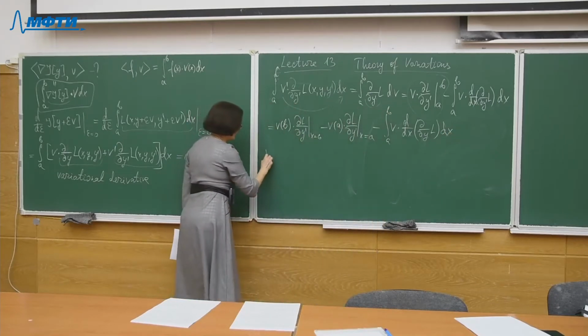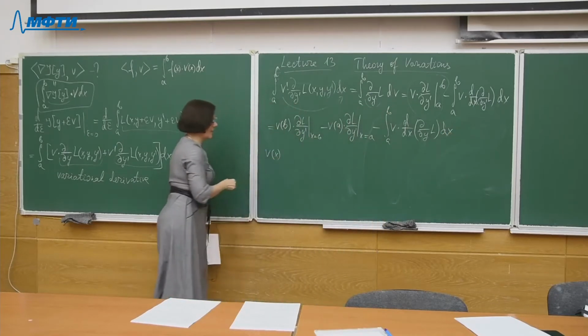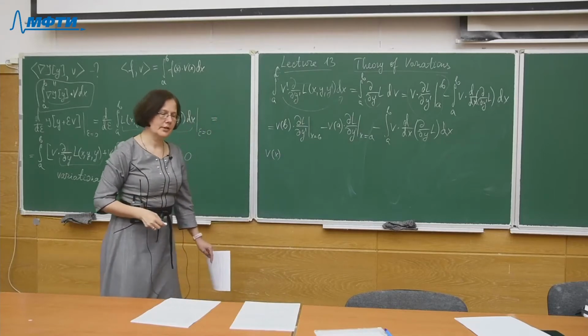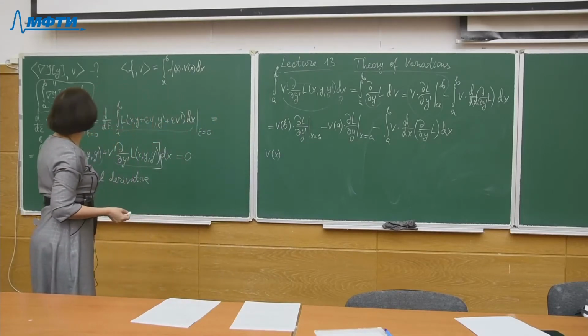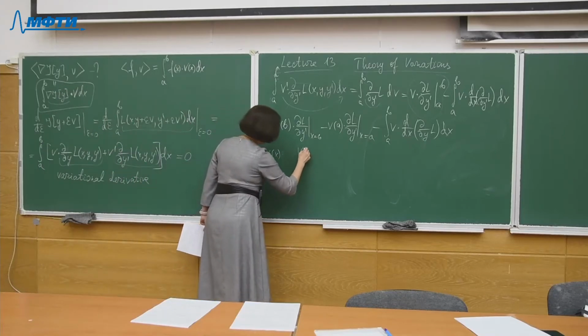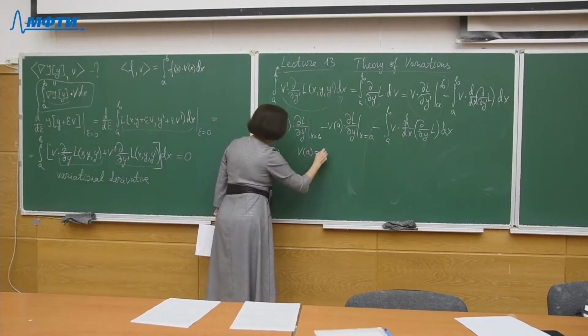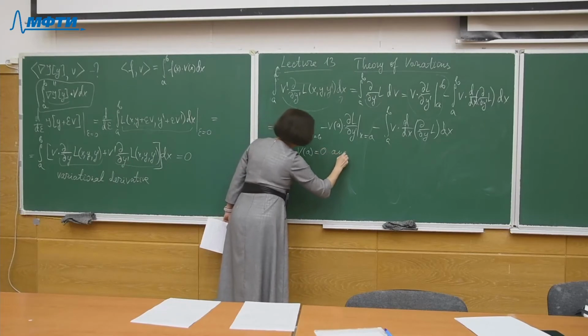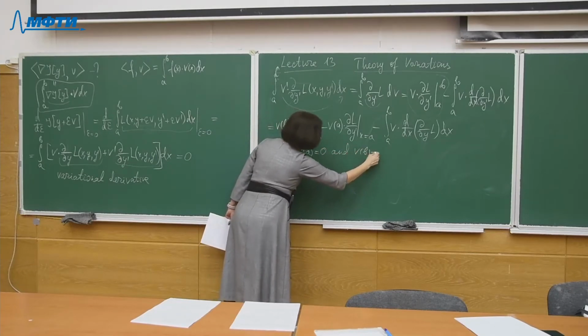Now let's discuss the function v of x, the variation in y. I state that v of a equals 0 and v of b equals 0.